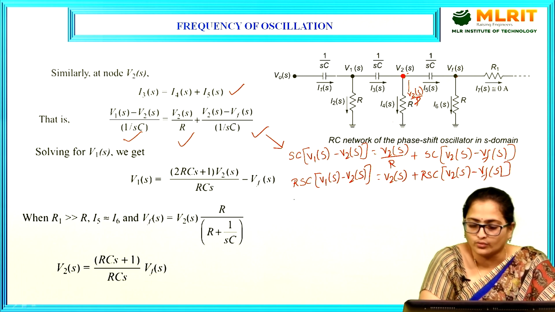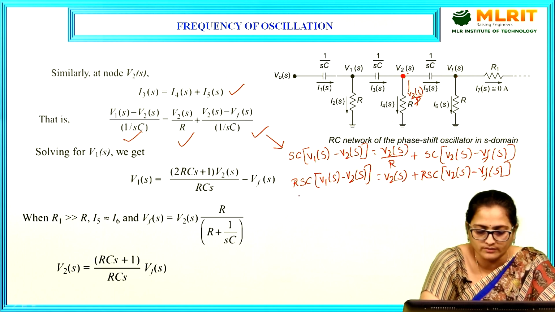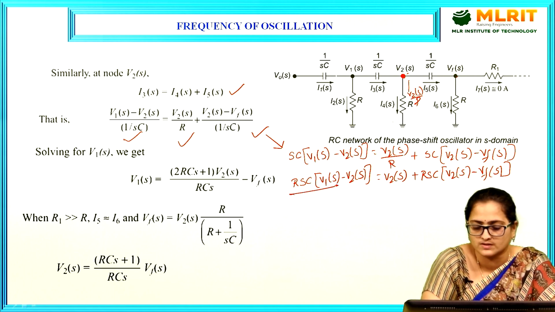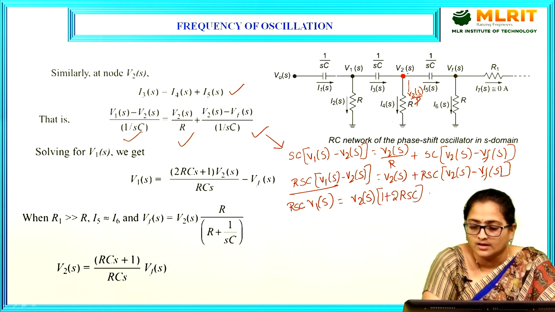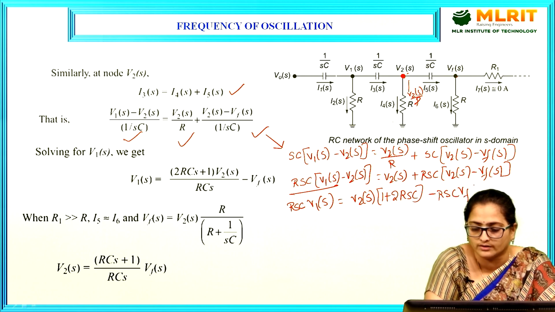So if you rearrange this equation in terms of V1(s), you try to get all the V1(s) terms towards the LHS and the remaining all to the RHS. You can rearrange this equation as RsC into V1(s) is equal to V2(s) into (1 plus 2RsC) minus RsC into Vf(s).